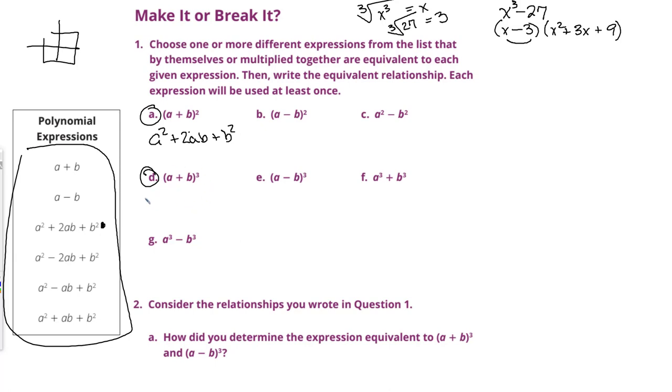So we're trying to write the equivalent expression of a plus b, that quantity cubed. Well, I can think about it as (a plus b) times (a plus b) squared. So a plus b times, we've already found that up here, a squared plus 2ab plus b squared.